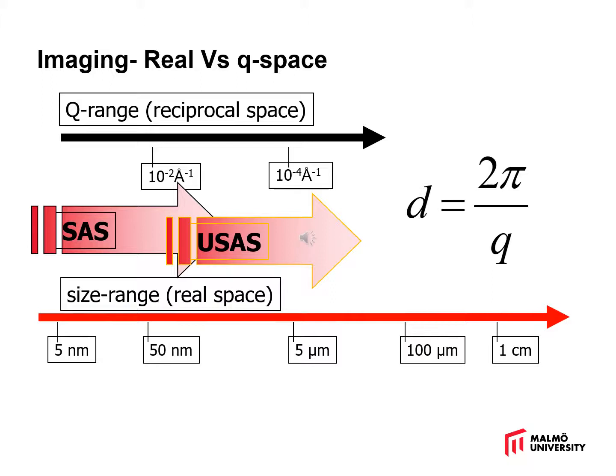It's also worthwhile to think about why you'd use small angle scattering over optical microscopy. In optical microscopy, and indeed electron microscopy, which are real space methods, you can recognize what you can see. But that's part of the problem.